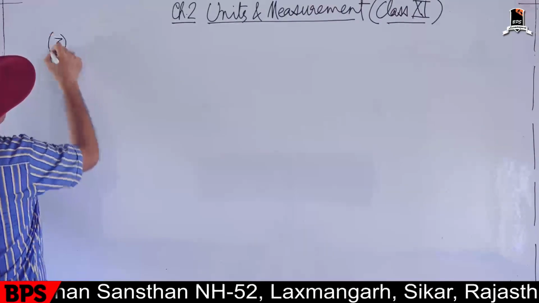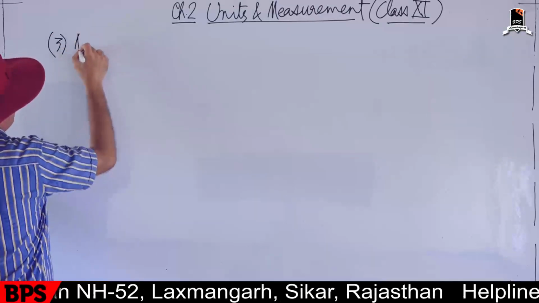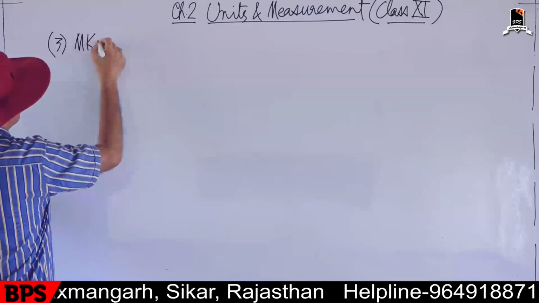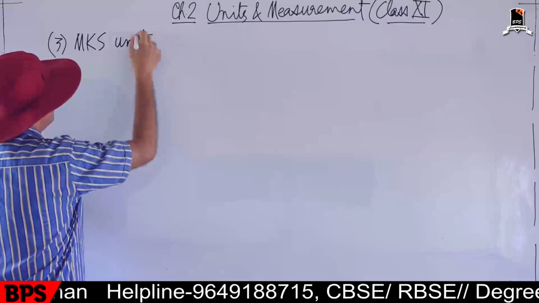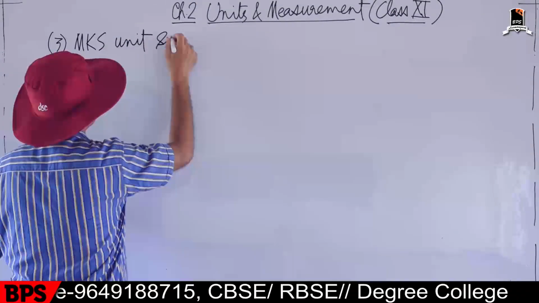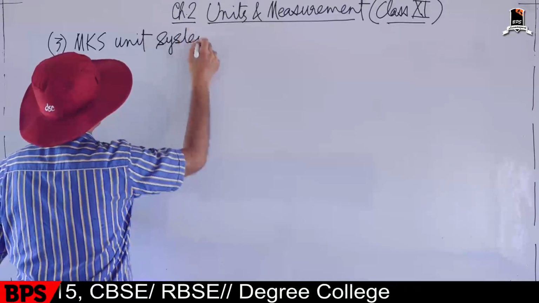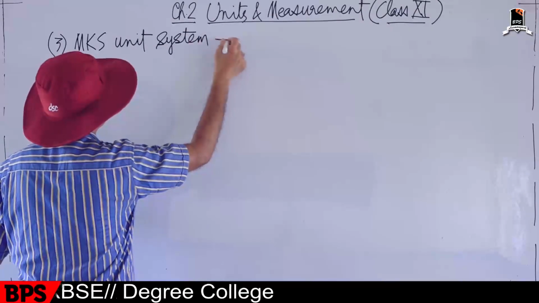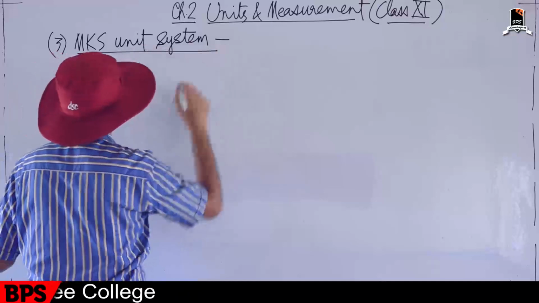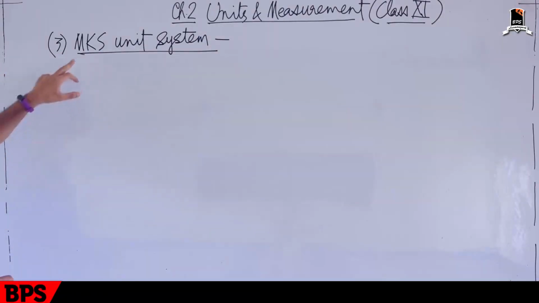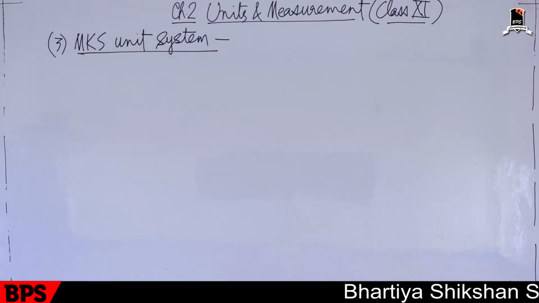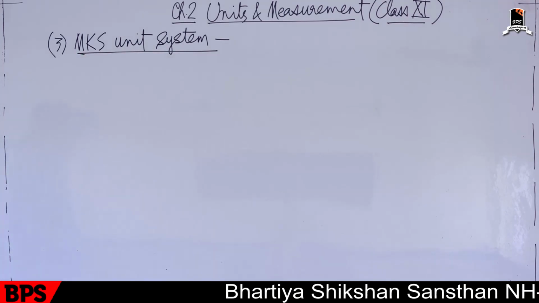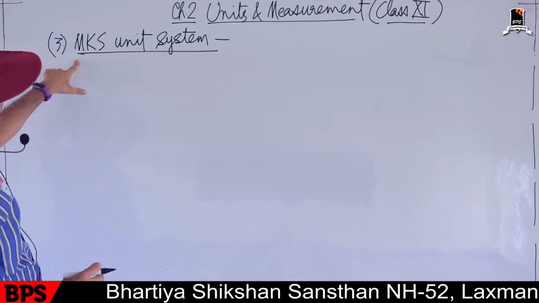third unit system, that is called MKS unit system. M stands for meter, that is the unit for length.